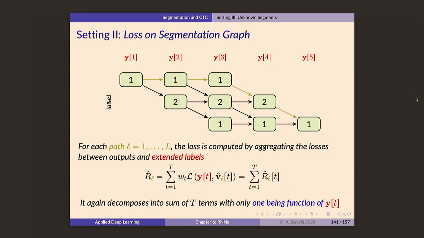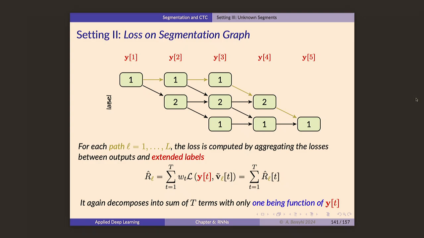But the optimal path doesn't have to do anything with the weights. The optimal path is going to tell you where to put your first label. Your labels are 1, 2, 1, right?